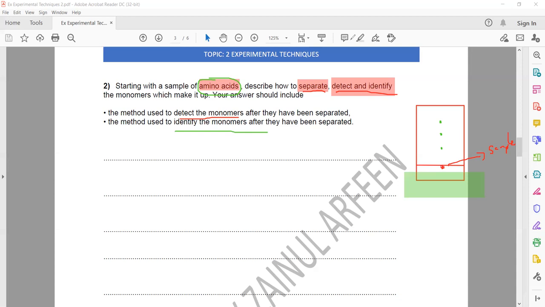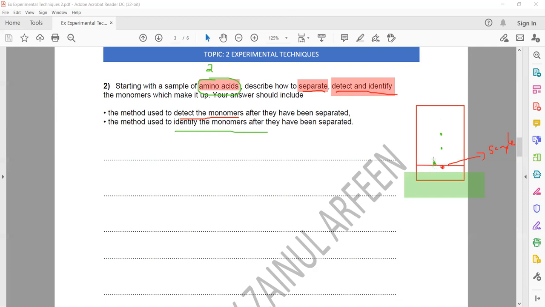But again, you don't have to mention all 20, because we don't know the sample. They did not mention this sample contained 20 amino acids. Maybe, for example, this sample had only 2 amino acids. Then we will get only 2 spots. And how to know which amino acids are there?